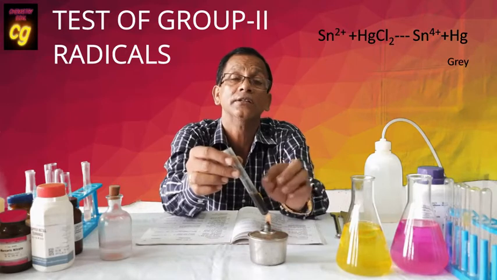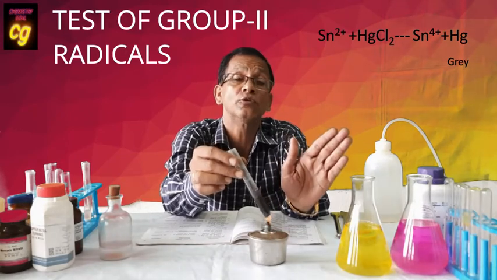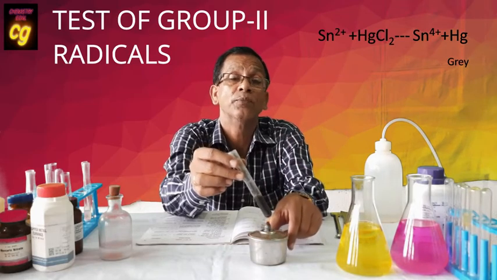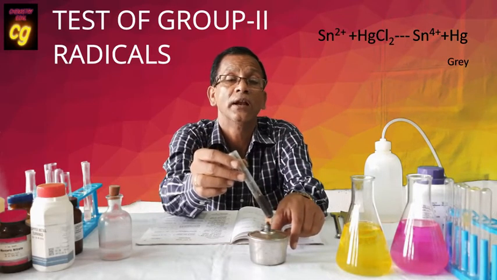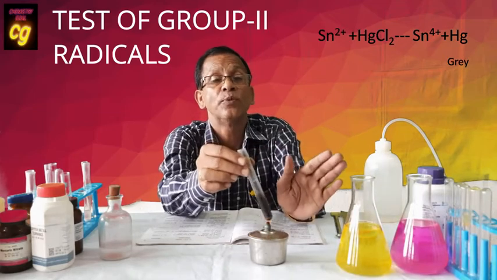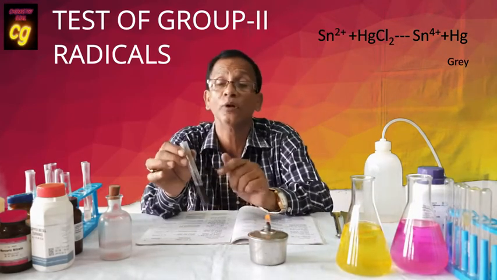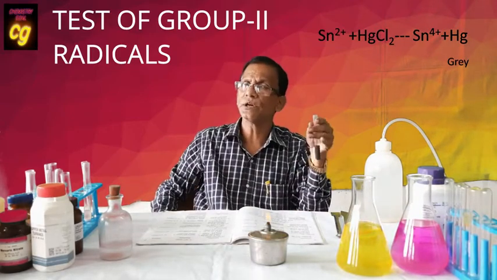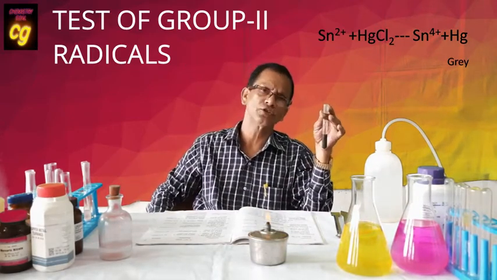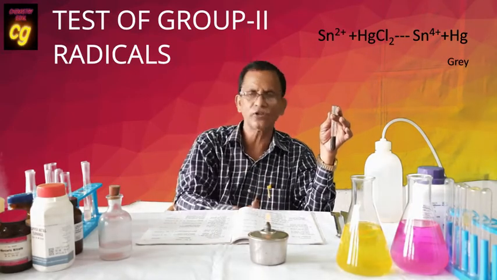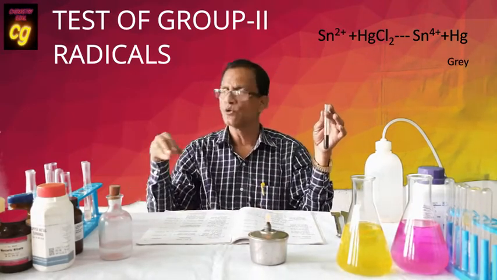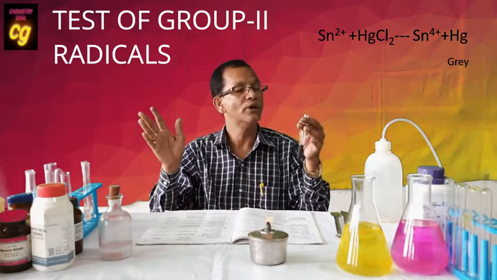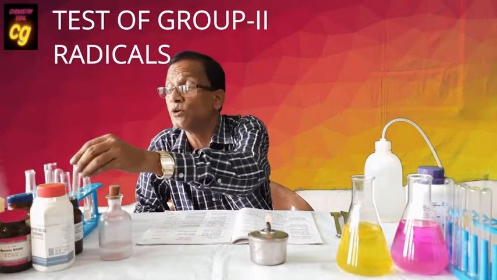So at last the mercury salt converts to mercury. So the gray mass is produced due to deposition of mercury. This is a very important test of mercuric ion and stannous. To identify stannous, use mercuric salt. To identify mercury salt, use stannous. So this is the confirmatory test of Sn2+.